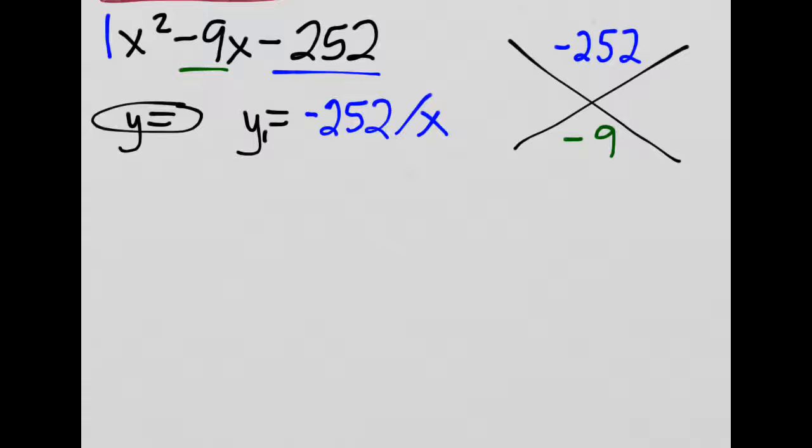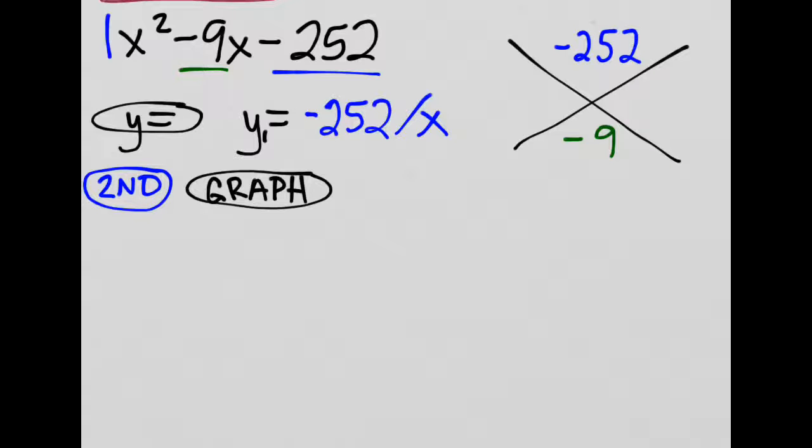Now this is telling the calculator, basically, we're looking for factors or things that divide into negative 252. So next, you're going to hit your second button, followed by your graph button. Now this button should have the word table above it.